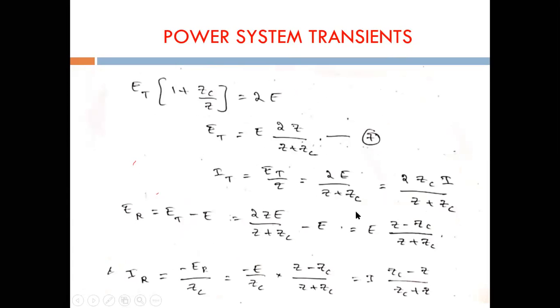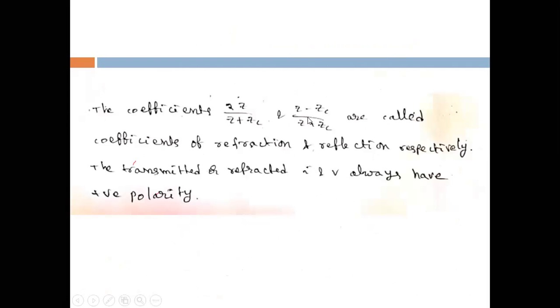These coefficients are called the refraction and reflection coefficients, for the transmitted refraction and reflections of positive polarities.